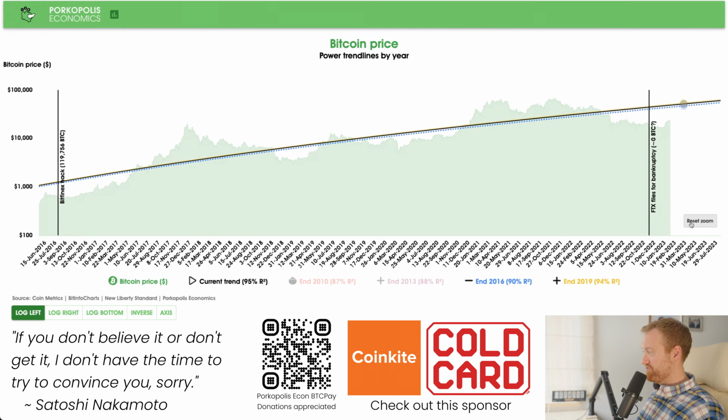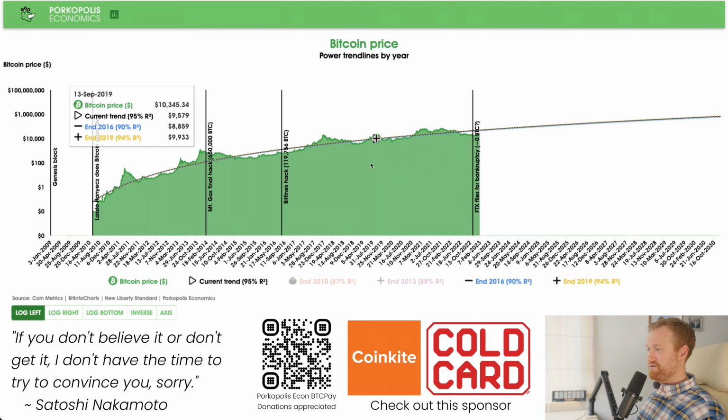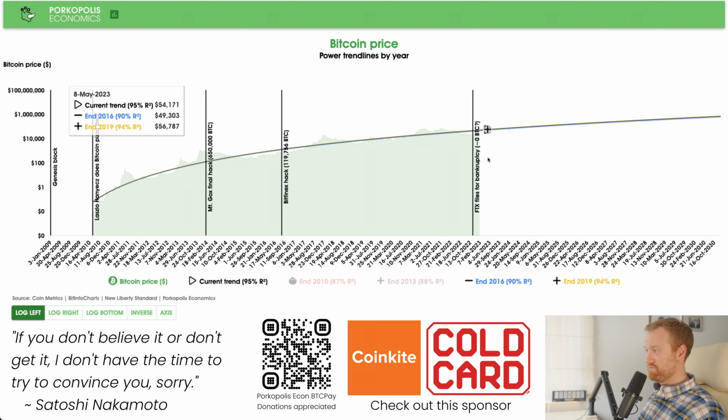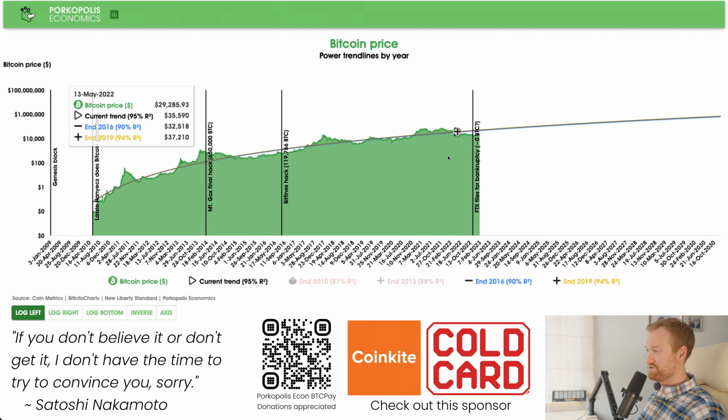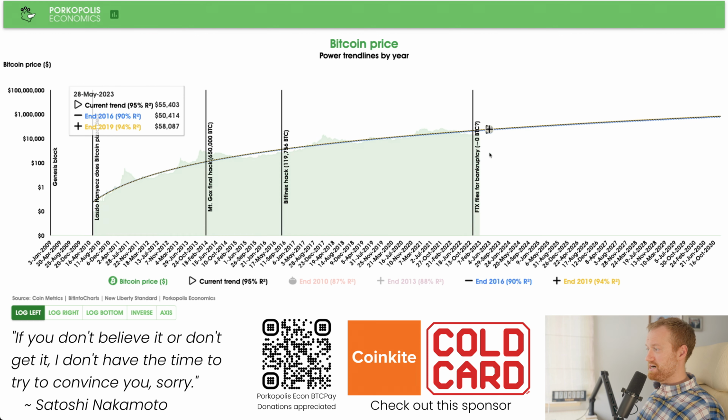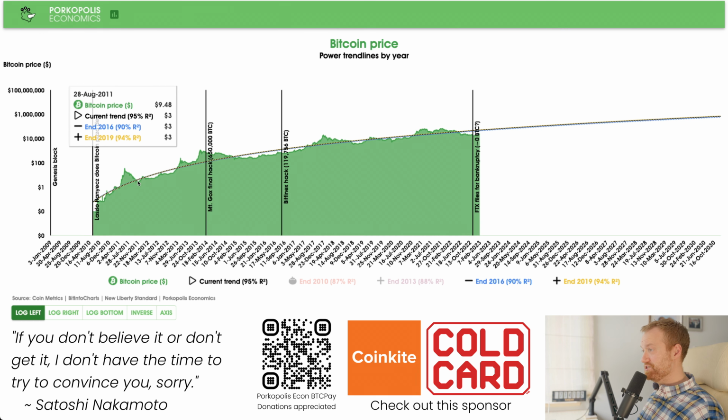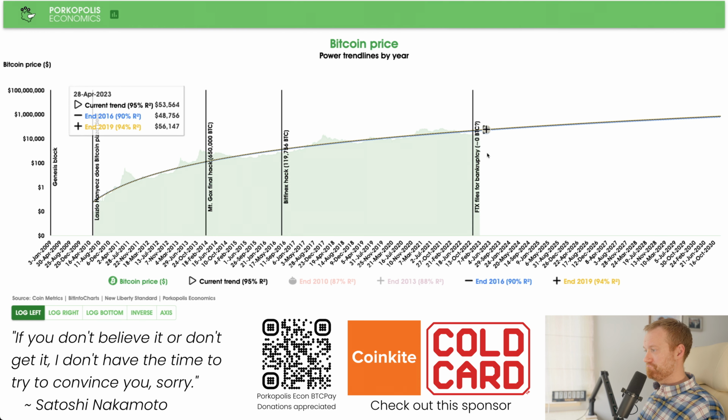However, this is an extremely tight regression, strong relationship, 95% R squared up until now. And I don't see why Bitcoin's not going to continue to hug these trend lines that the system has posted continuously. The market as well has posted continuously over the last 6-7 years. With 95% plus R squared, I don't see why that would change.